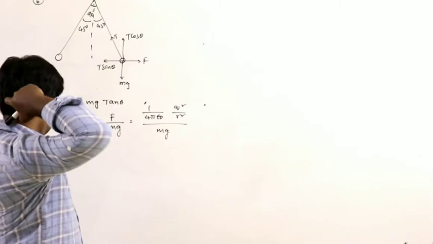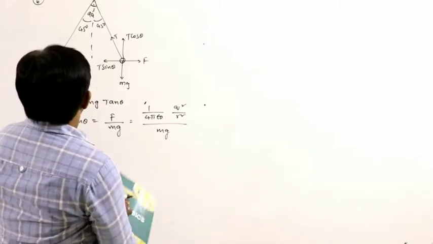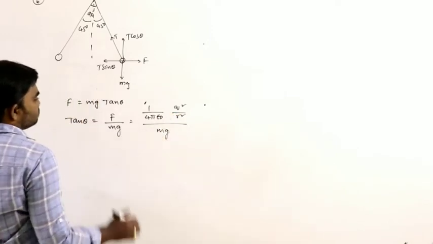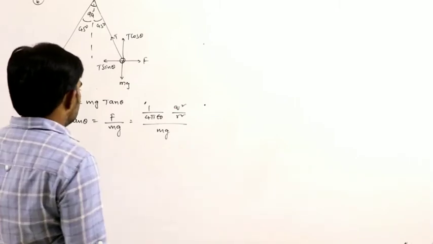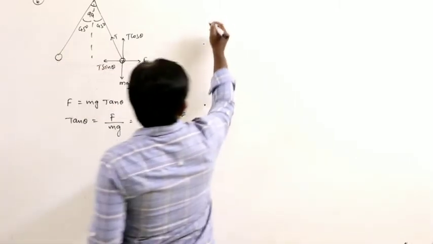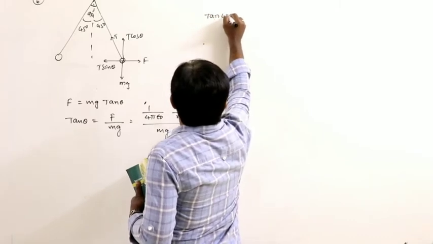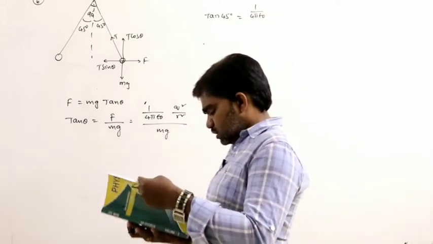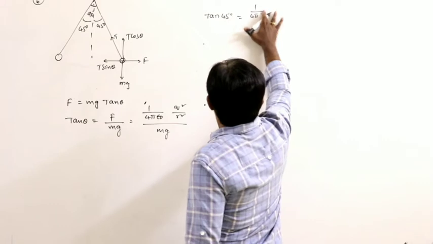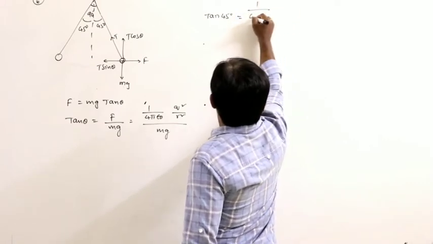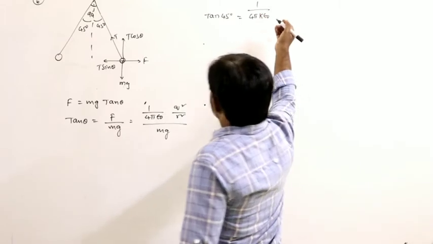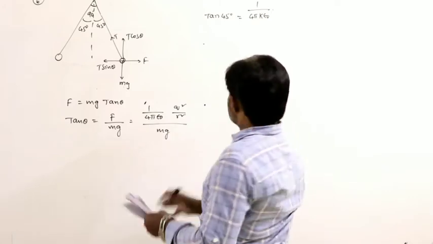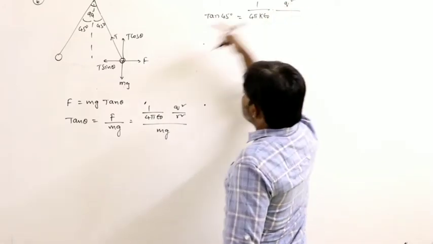Now, q square by r square divided by mg. First case, here the angle is tan 45. So tan 45 is equal to 1 by 4 pi epsilon naught, and since the charges are kept in a dielectric of constant K, this is 1 by 4 pi k epsilon naught into Q square by, what is the value of r here?